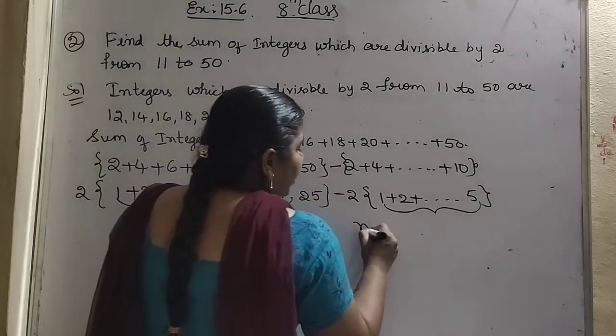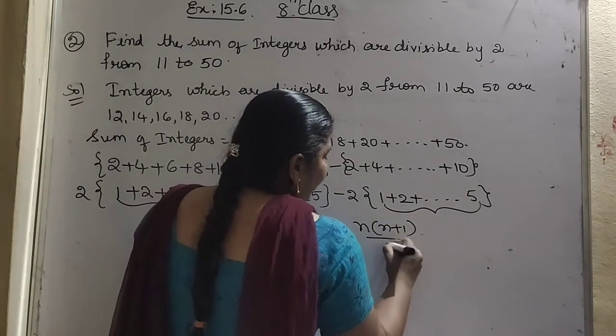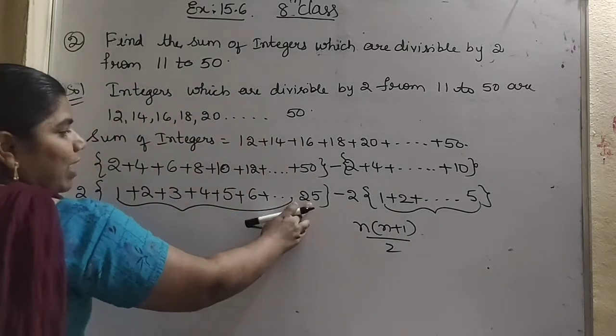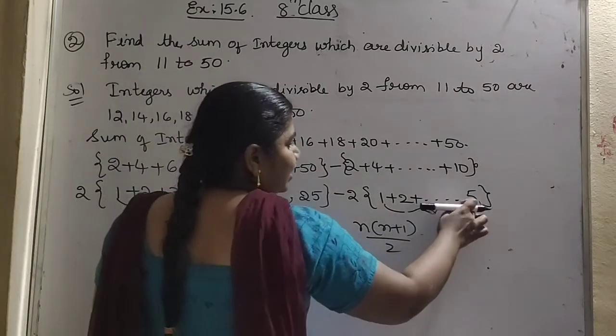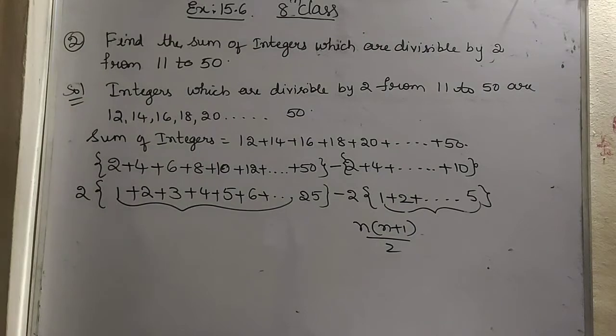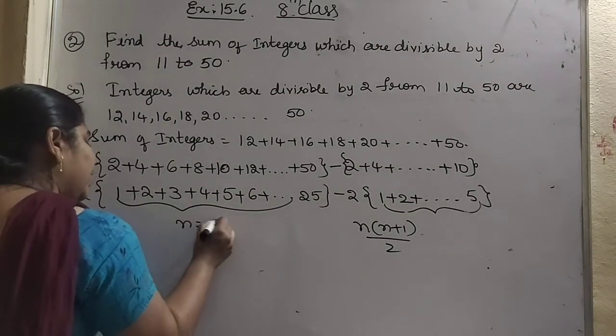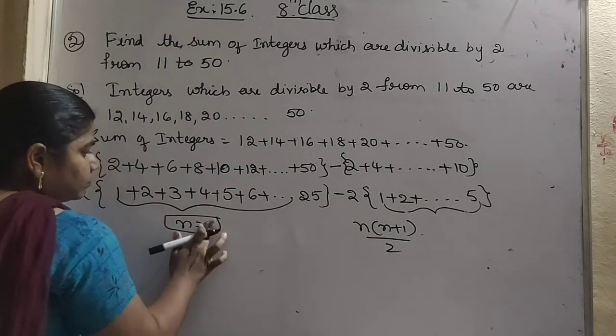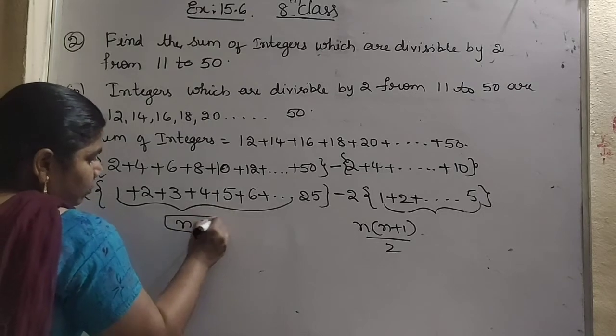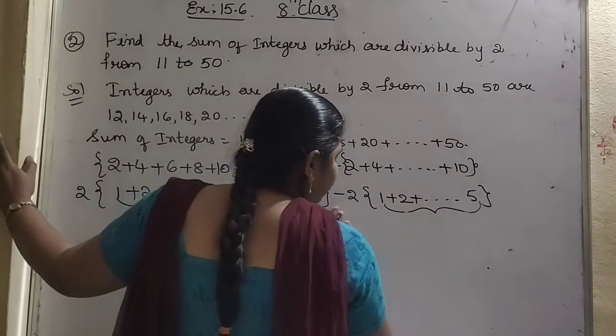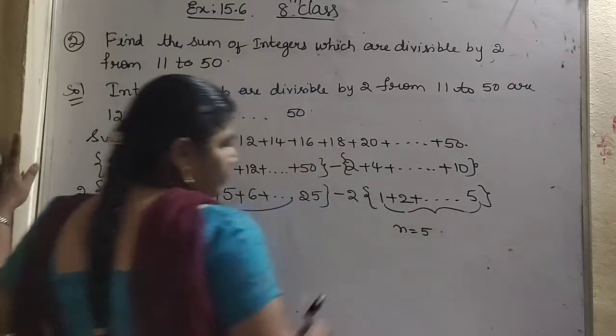What is that? n into n plus 1 by 2. So in this case the n value is 25 and in this case the n value is 5.